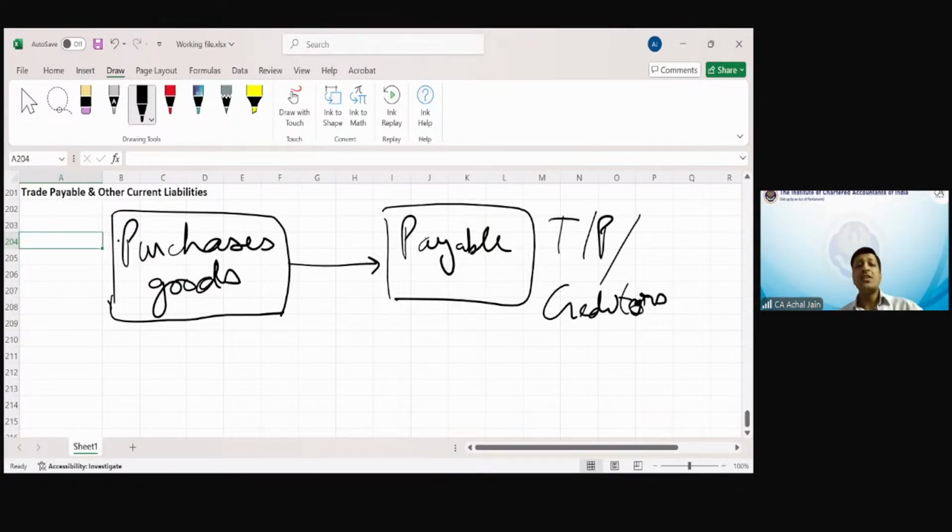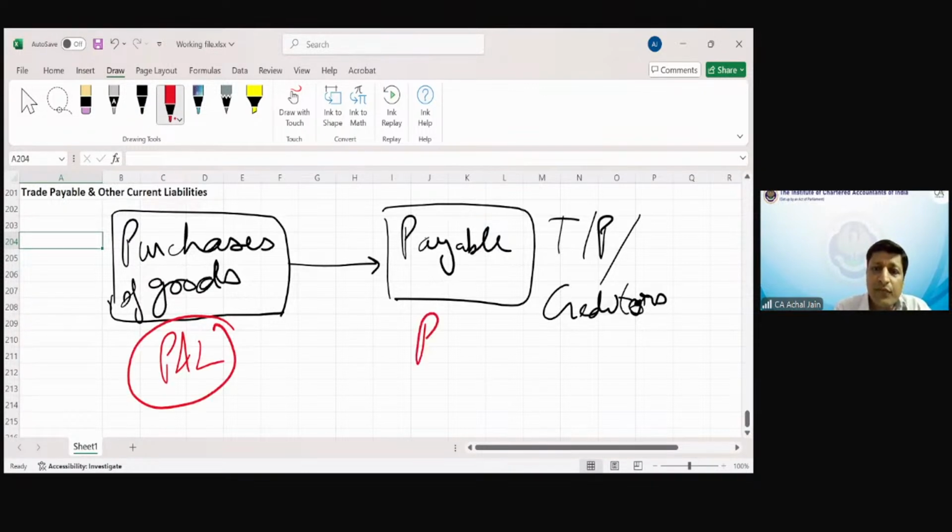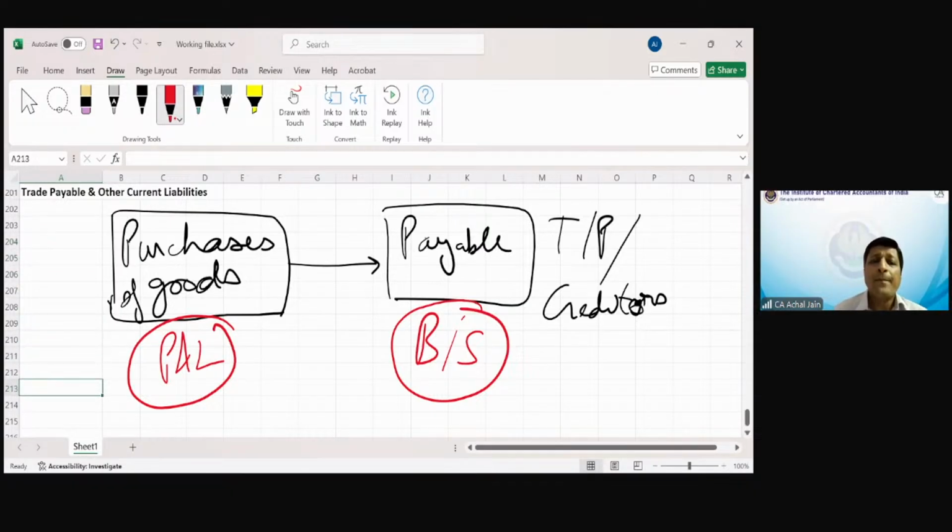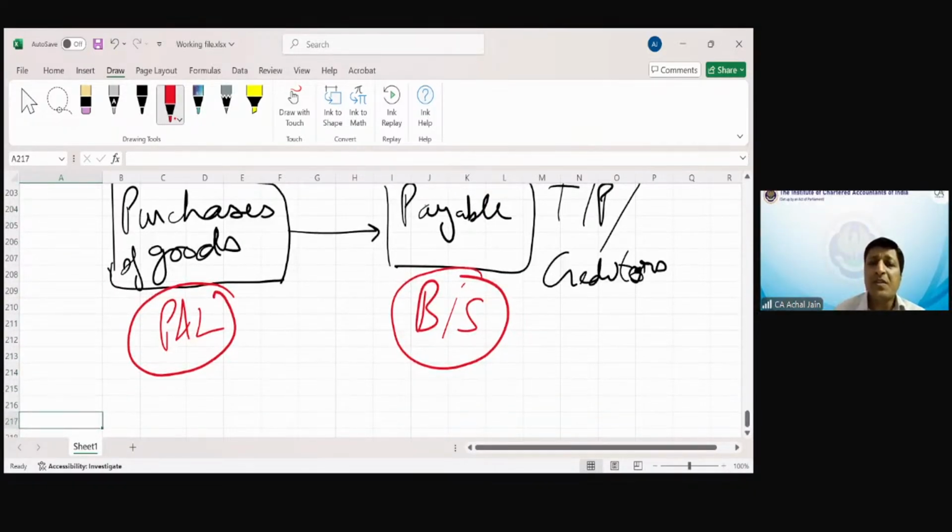Yeah. So this purchase part, this is the P&L component. And this, of course, is the balance sheet component. Yes or no? Yeah. And in relation to these purchases, one asset also gets generated that we have discussed.